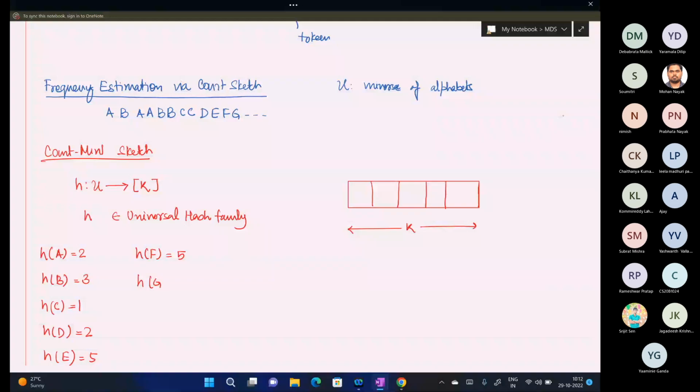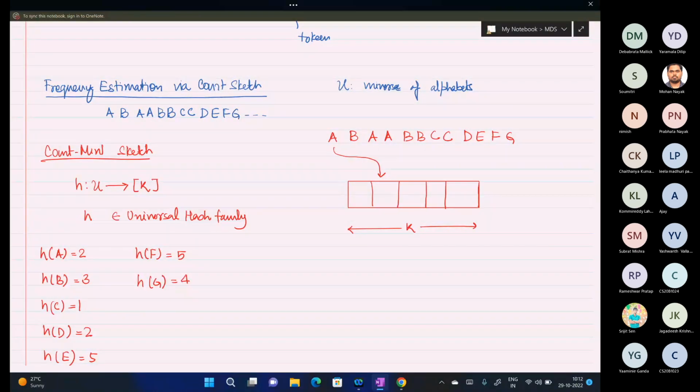I'll just rewrite the stream here: A B A A B B C C D E G. So A is mapped to the second bin. Initially all the bins are initialized with 0. Any questions?